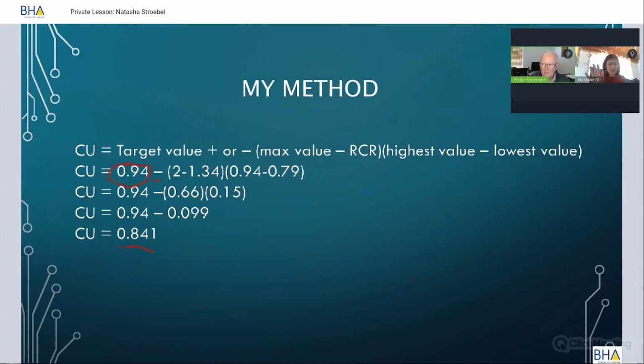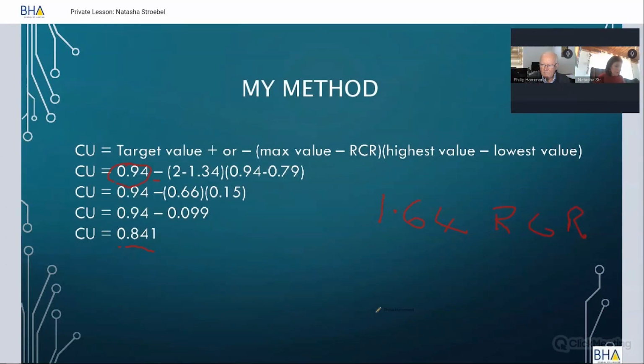Sorry, Phil, can you explain why it's a minus and why it's a plus just one more time? Right. Let's say that we've got a figure of 1.64 as our RCR value.